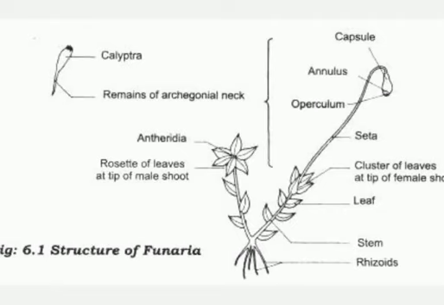Now we have to start to explain the structure of Funaria sporophyte. Okay? Now it consists of these three parts, that is foot, which is started from the cluster of leaves, then it develops into seta, then seta having a capsule in it.